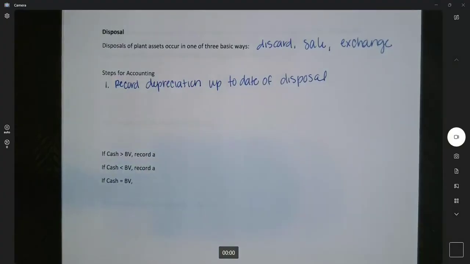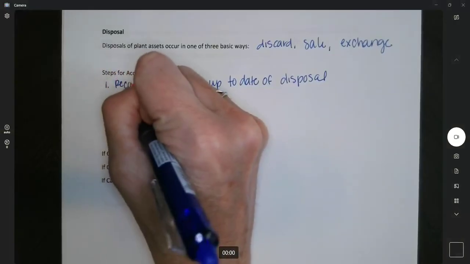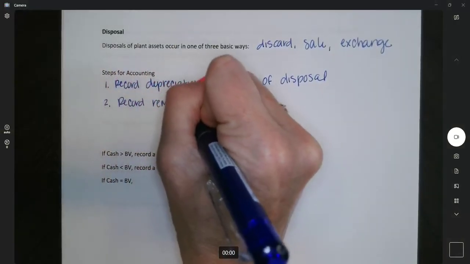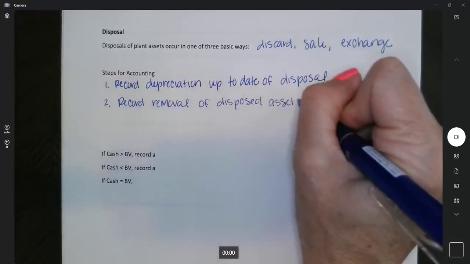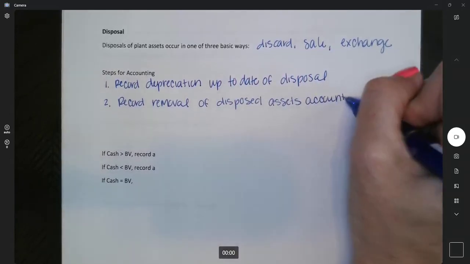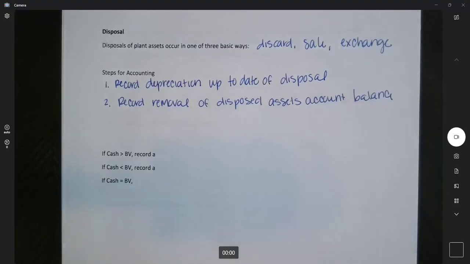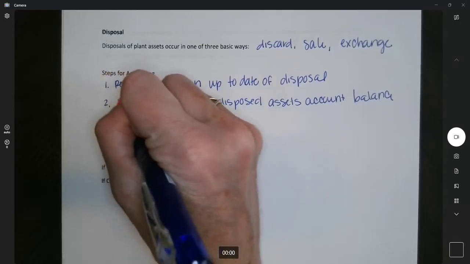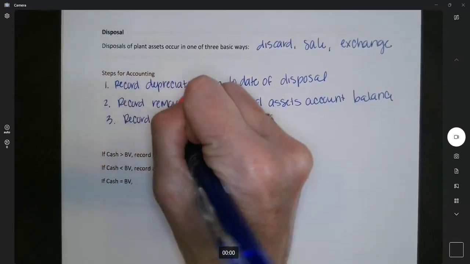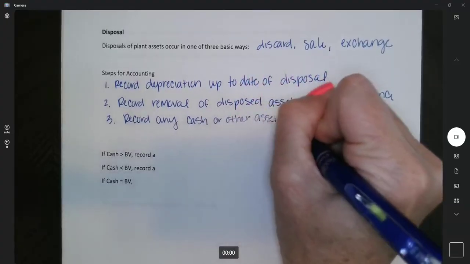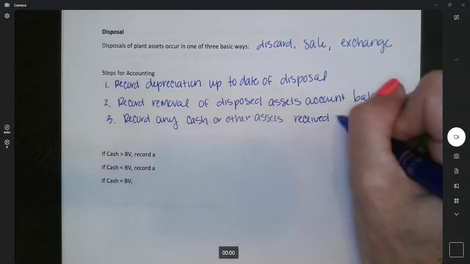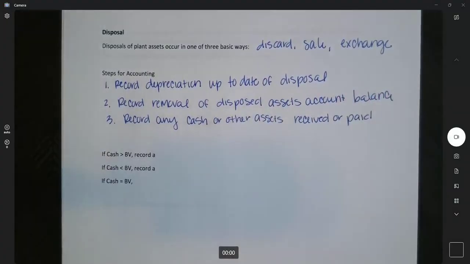Second, we'll record the removal of the disposed assets account balance. Third, we'll record any cash or other assets received or paid in disposal. And fourth, we'll record any gain or loss.